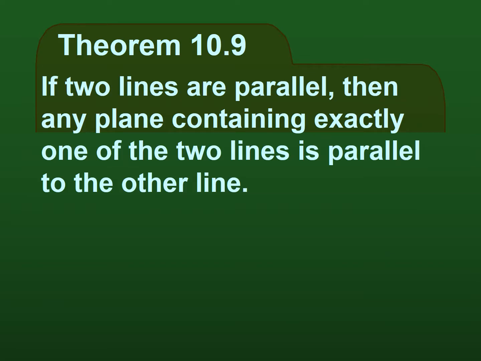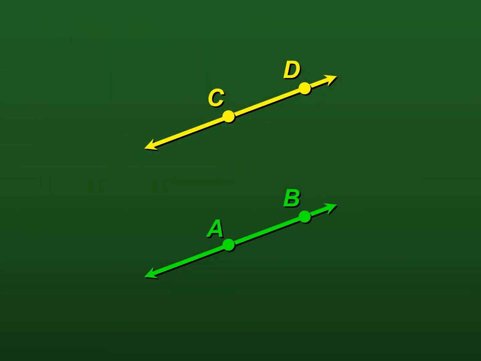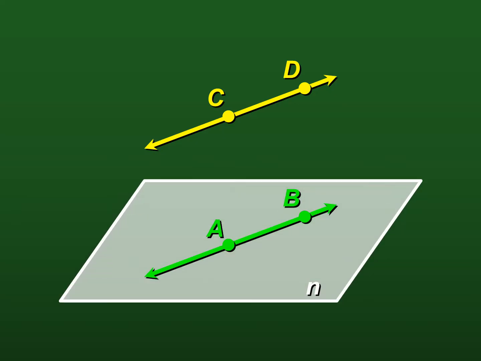All right, our next theorem says that if two lines are parallel, then any plane containing exactly one of the two lines is parallel to the other line. So here are two lines, line CD and line AB. And here's a plane N that contains line AB.